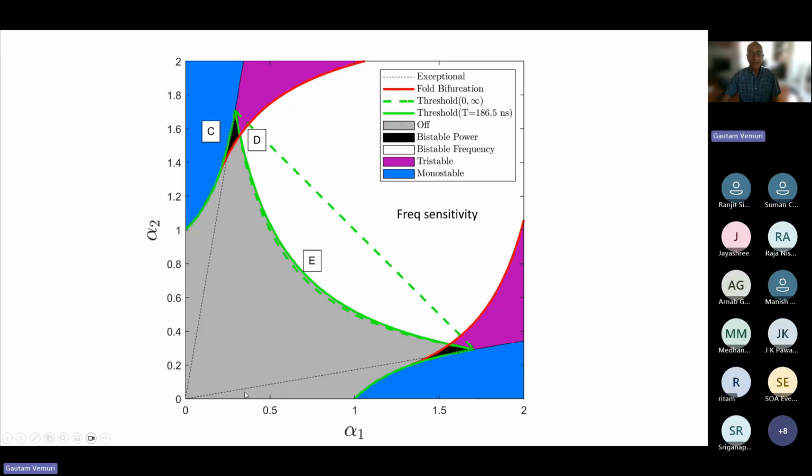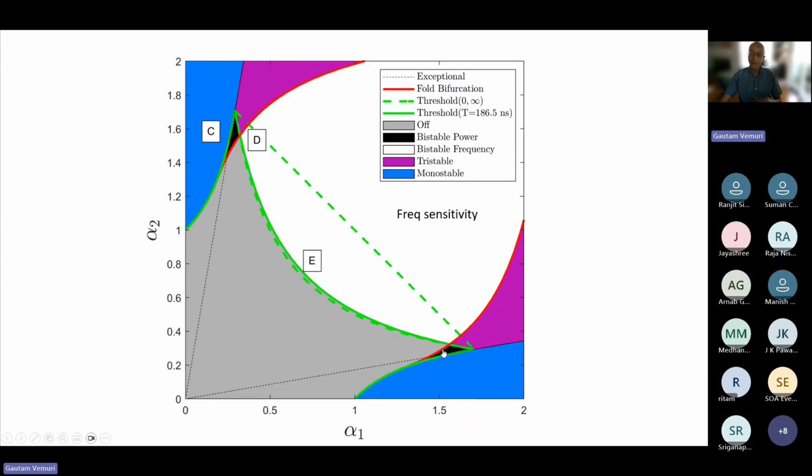This solid black line here is an exceptional line. What that means is that everywhere along this, there is an exceptional point. Now remember with the laser model, I did not have a line all the way across. I had isolated exceptional points. In this system, everywhere along this, there is an exceptional point. There are regions like this black where the laser shows power bistability.